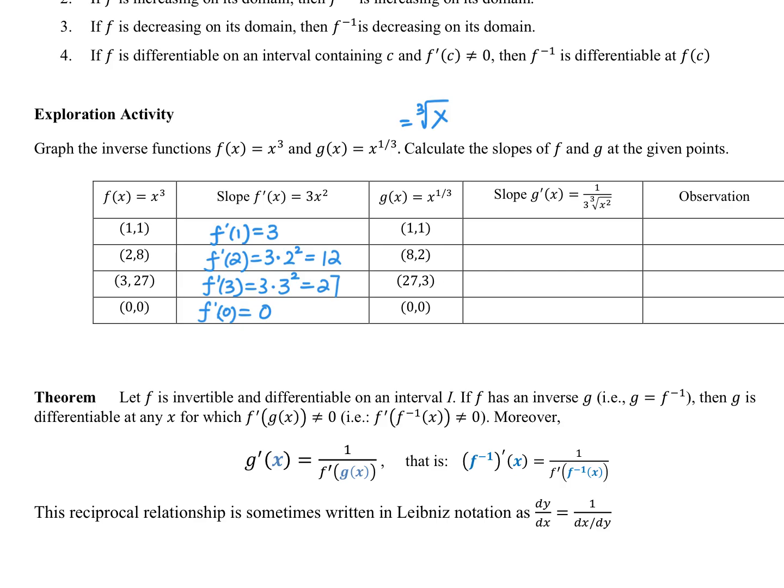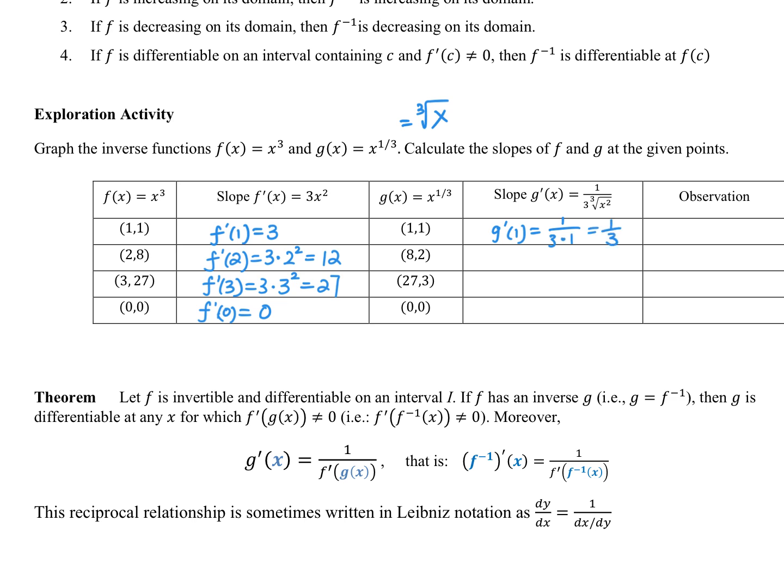Now let's find the derivative of the inverse at the following points. The first one is, when x is 1, y is 1. So therefore, when x is 1, y is 1 for the inverse as well. So g prime of 1 is equal to 1 over 3 times, well, when you plug in 1, the square is 1, and the cube root is still 1, right? So therefore, it is 1/3.